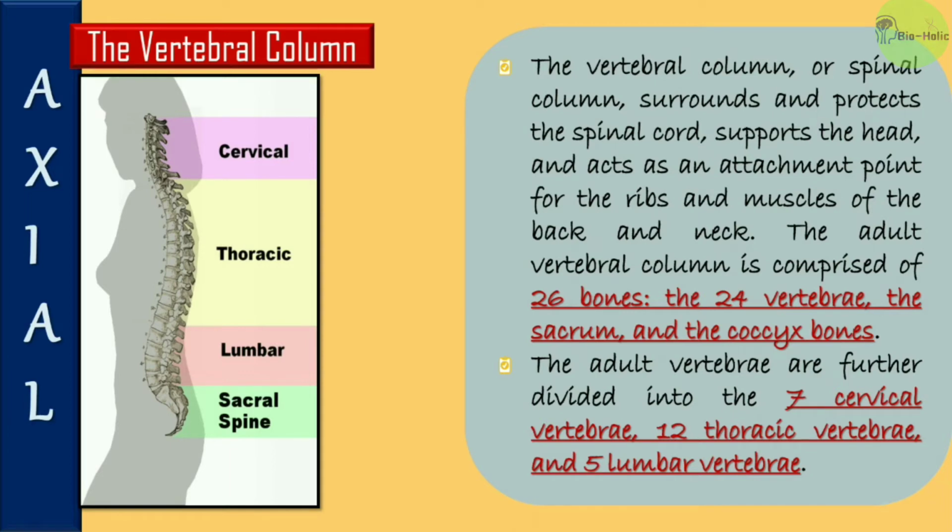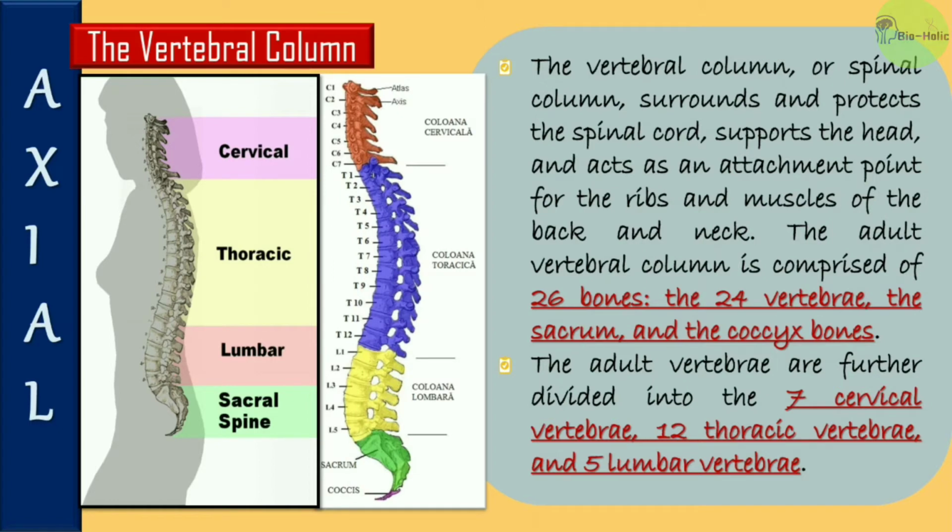The adult vertebral column is comprised of 26 bones, the 24 vertebrae, and the sacrum and coccyx bones. And the adult vertebrae are further divided into 7 cervical vertebrae, 12 thoracic vertebrae and 5 lumbar vertebrae. Okay? In this picture you can see the position of the cervical, thoracic, lumbar and sacral regions.